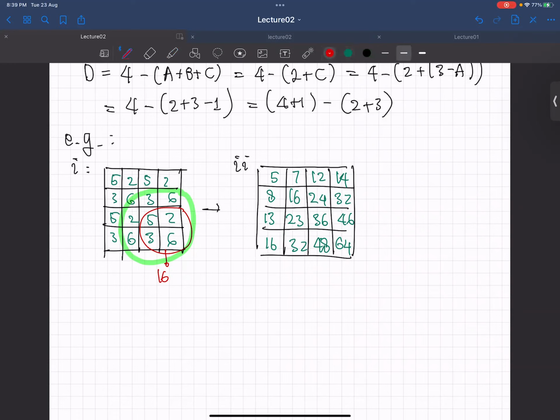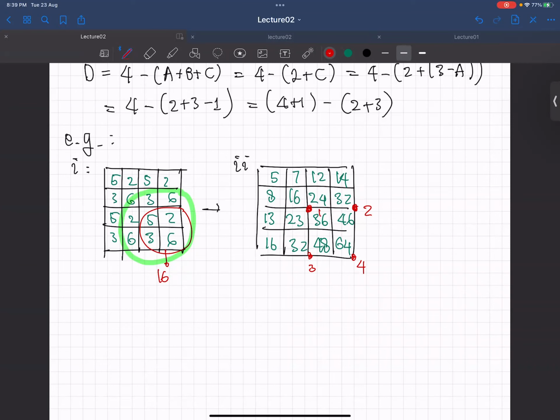So let's look at the red block. Red block means that we want to find node number 1, node number 2, node number 3, node number 4.